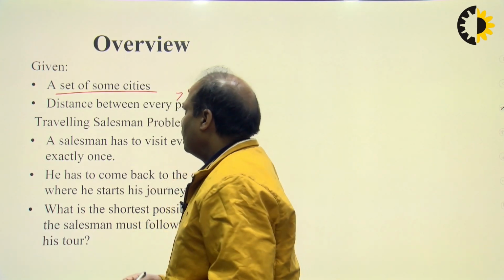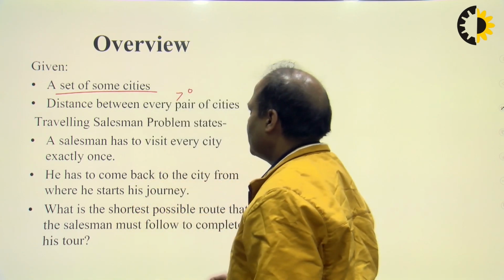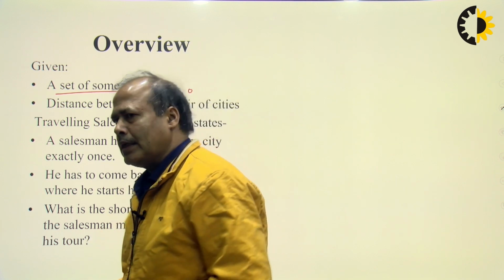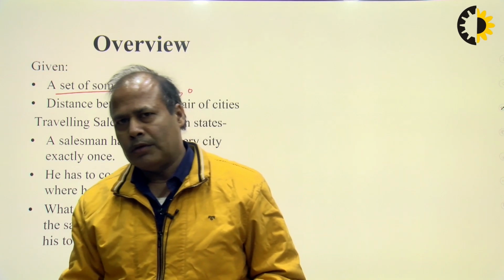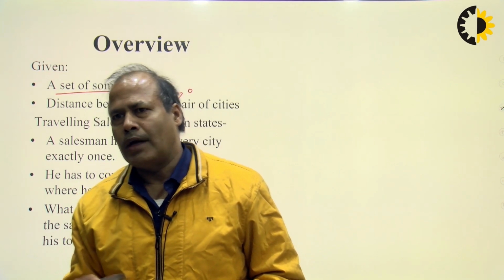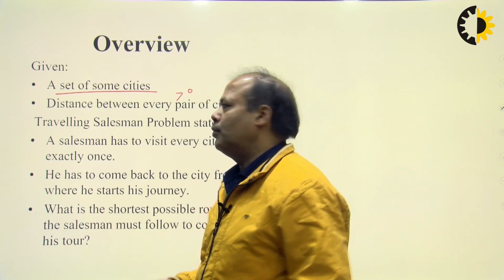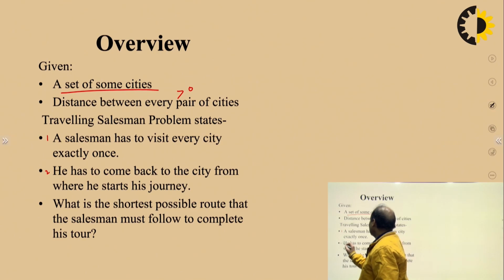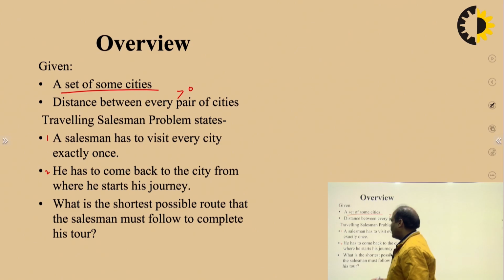TSP states that a salesman has to visit every city exactly once. The objective of this salesman is to visit every city exactly once, and no city should be repeated. Number two, he has to come back to the city from where he started his journey.